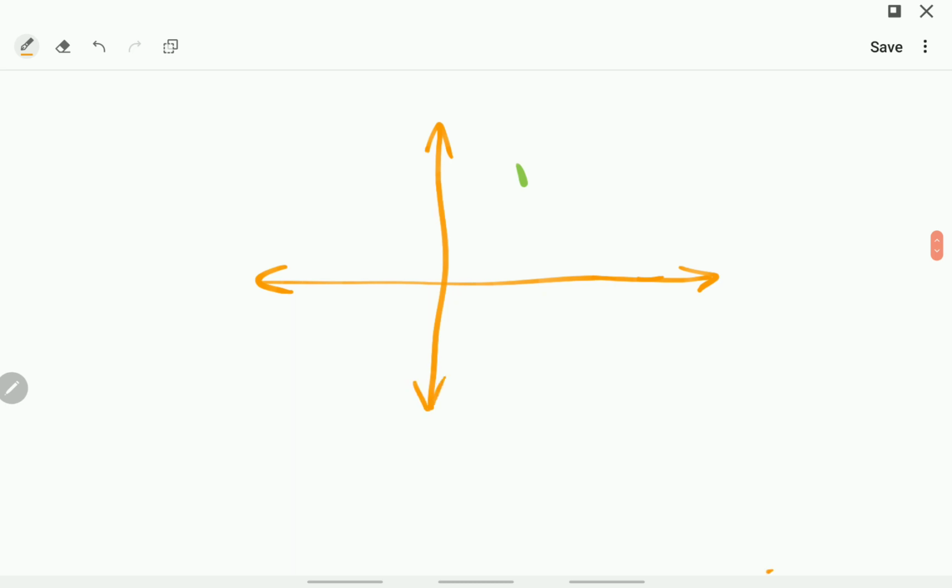And now let's sketch. We know our vertex is at minus 3, 4. So it's 1, 2, 3, 4. So minus 3, 1, 2, 3, 4, 5. Right, 1, 2, 3, minus 3, and then at 4. Our vertex is at minus 3, comma 4. Then we got our axis of symmetry running through this line.